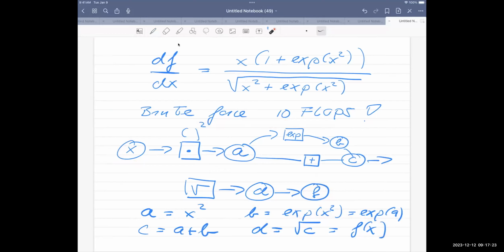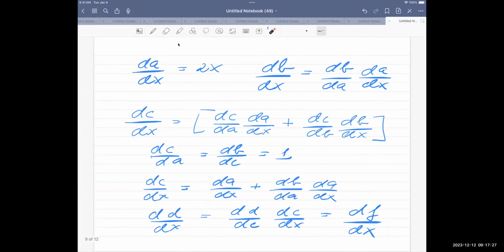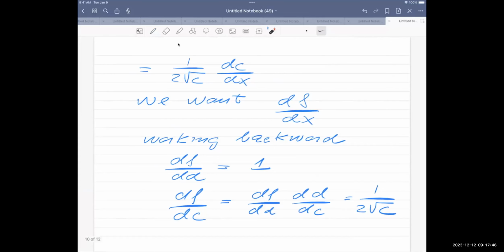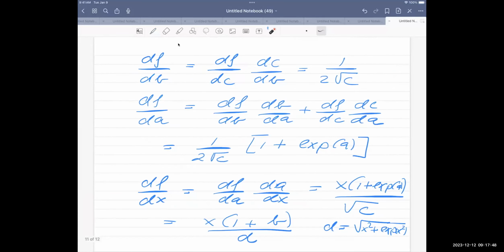So we would have f with respect to d. So we would then calculate the different quantities. We would need dc with respect to x, dd with respect to x, and you can see now the chain rule being applied. So we could start with f here, which we could then back propagate all the way back to the final answer which we want, which is obviously df with respect to x.